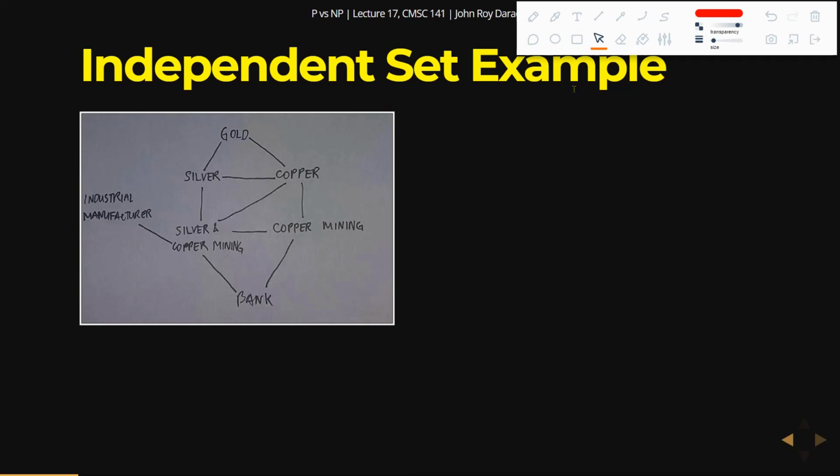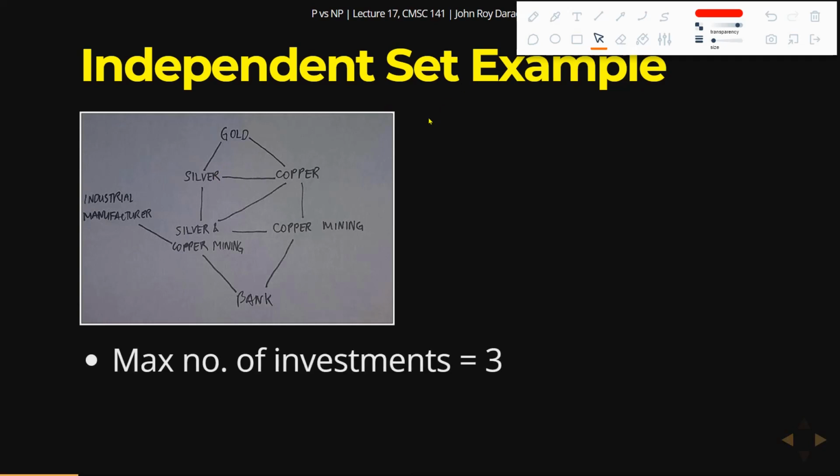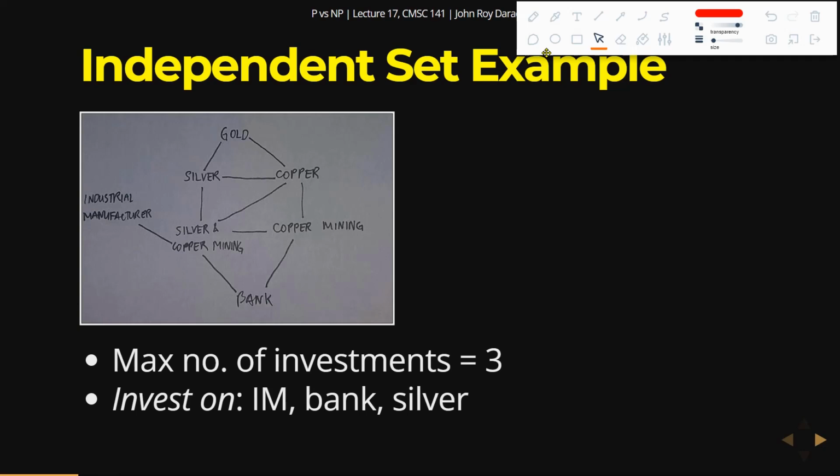So the answer here for the independent set problem was they could invest in a maximum of 3 investments. That would be industrial manufacturing, the bank, and silver. If you invest here, here, and here, then none of them are connected to each other, right? If you added one more, then it would be connected to one of these 3 things. So that is the maximum that you can invest in following those constraints.